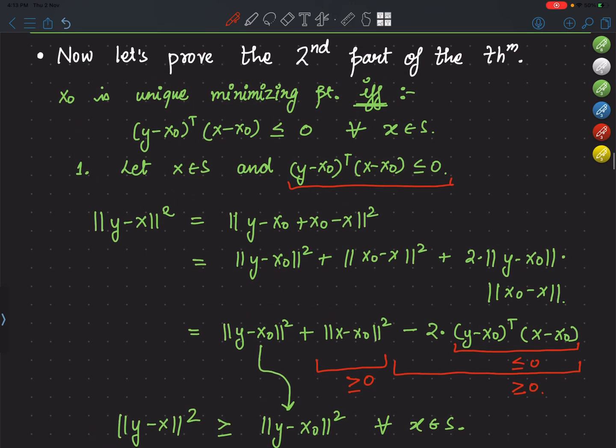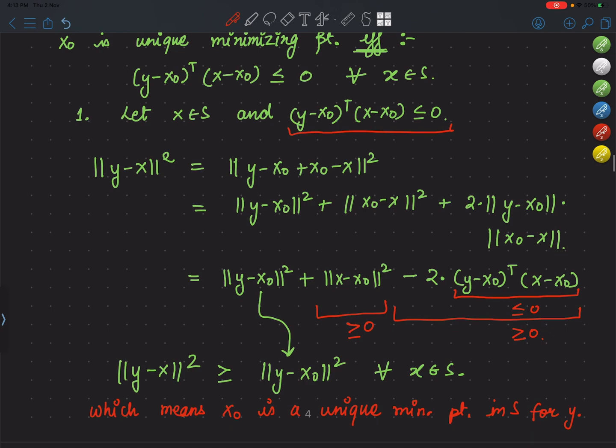Now let's assume that x₀ is the unique minimizing point and prove this condition.